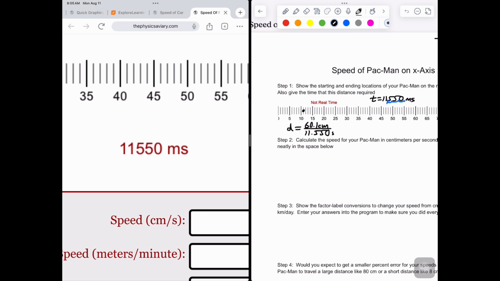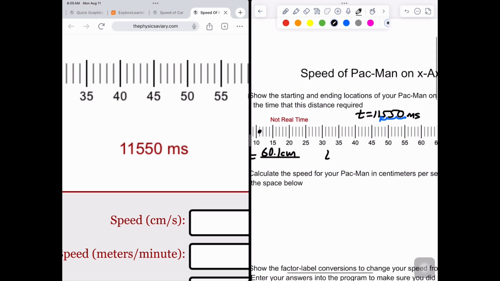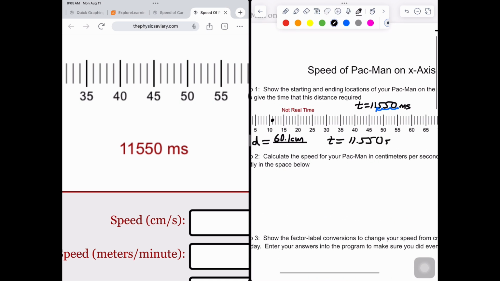Okay, so I've got my values. My time is 11.550 seconds. Now I can calculate my speed. So my speed is going to be 60.1 centimeters over 11.550 seconds. Go ahead and take some time to calculate yours.